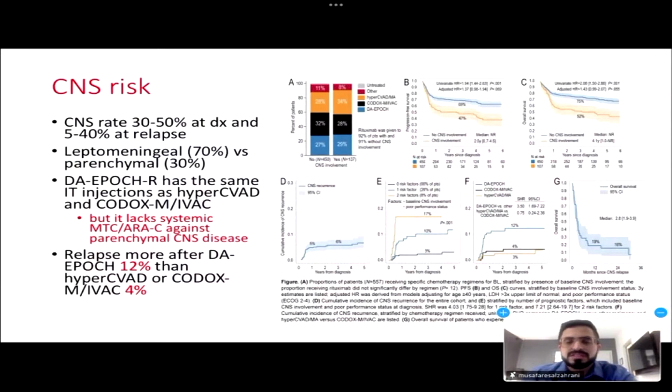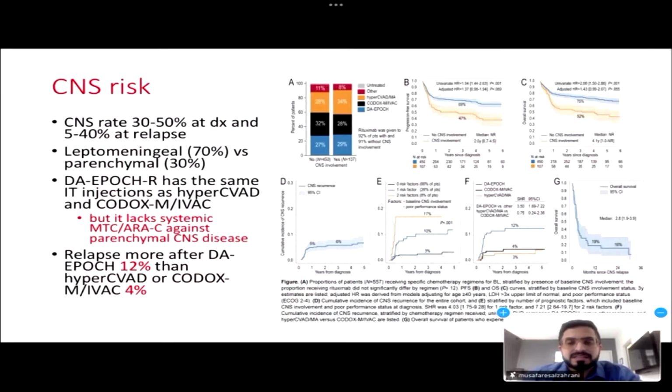So dose-adjusted EPOCH-R, although it has roughly the same IT injections as Hyper-CVAD or CODOX-M/IVAC, actually lacks systemic CNS-penetrating drugs like methotrexate or cytarabine. It means that patients with parenchymal disease will probably not benefit from this regimen.